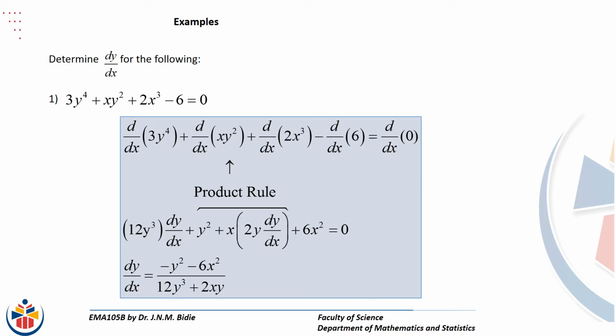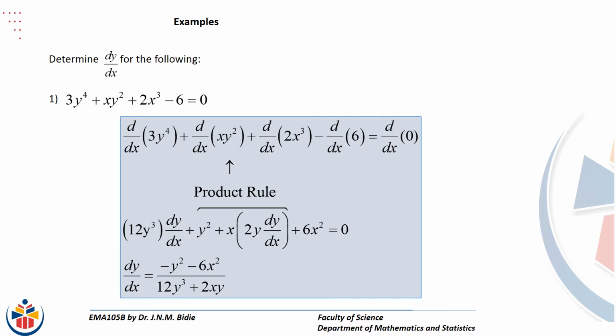Note that for the second term, xy squared, we have to use the product rule to find that derivative, because y is also a function of x. And for the first term, we'll differentiate 3y to the power 4 as if y is x, remembering that we use the chain rule again.